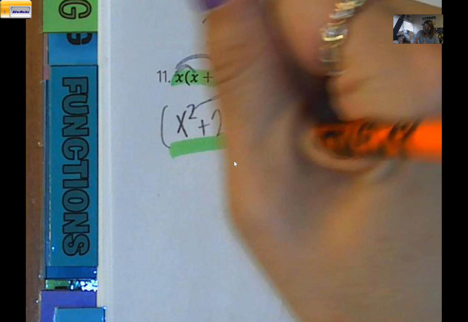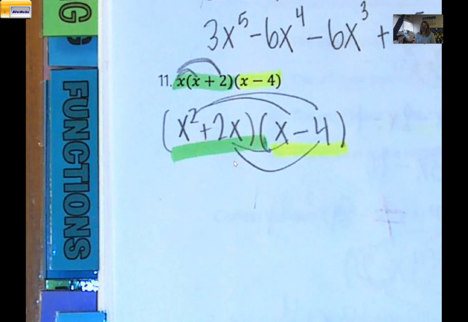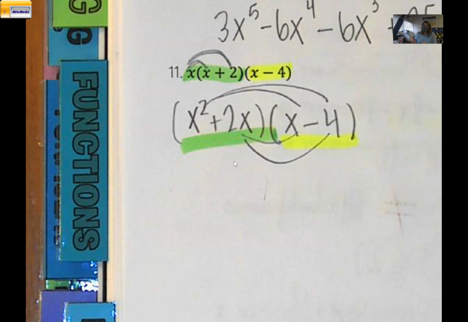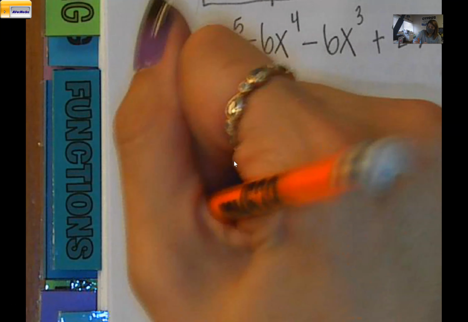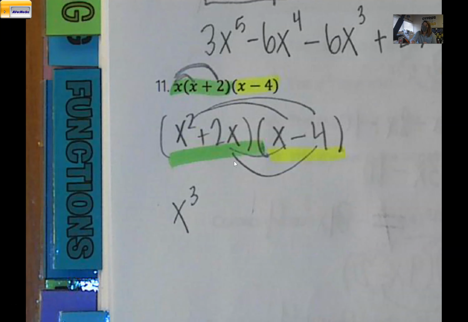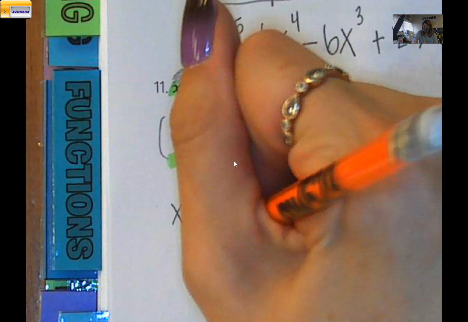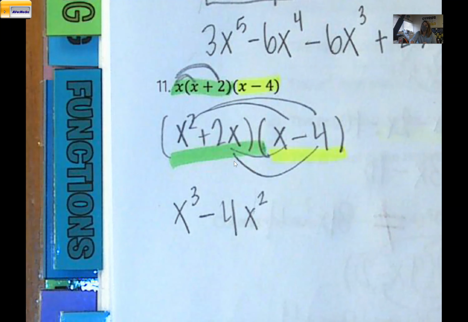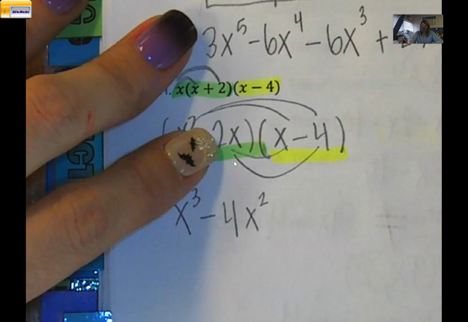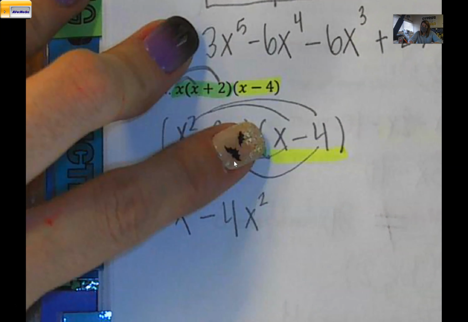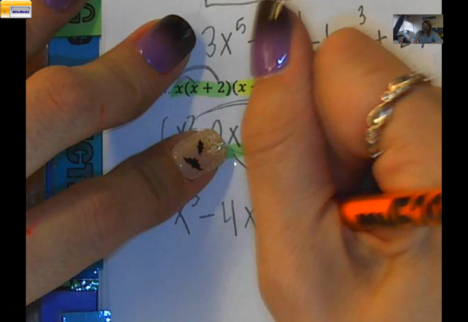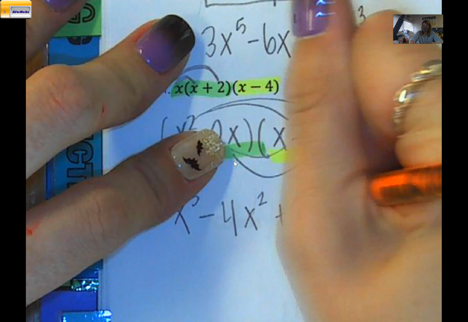So we go 2 over the top, 2 under the bottom. First term is x cubed. Second term is negative 4x squared. Third term, so now we're on 2x, multiplied by x is positive 2x squared.